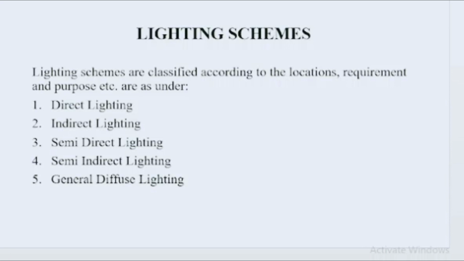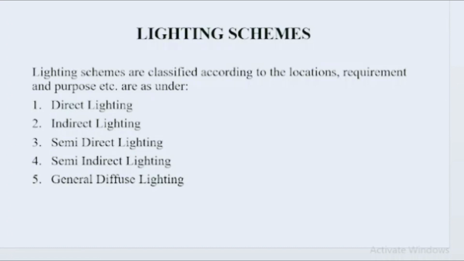First one is direct lighting, second one is indirect, then semi-direct, semi-indirect, and general diffuse lighting. The words themselves we can understand: direct means direct approach, indirect means indirect approach, semi-direct just 50% and semi-indirect just 50%, and general is nothing but overall.